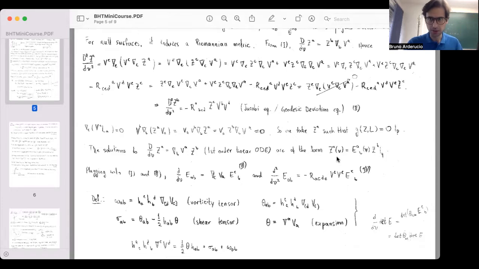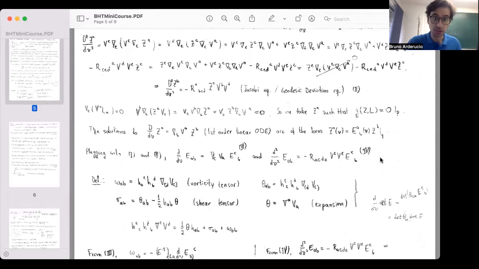We saw that it was ambiguous and all that, but it's a matrix, a function of V times the initial value at a certain point Q. And then we wrote a decomposition of the gradient of V into certain quantities.